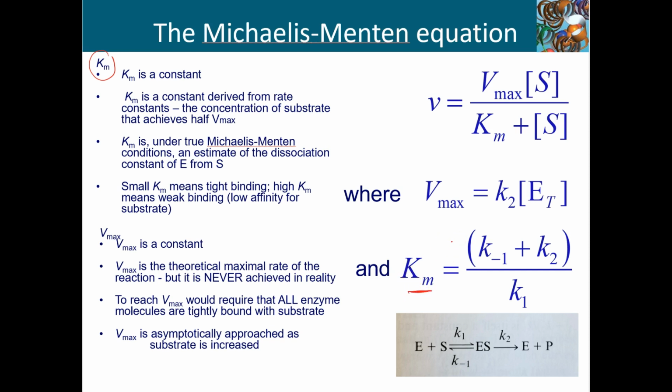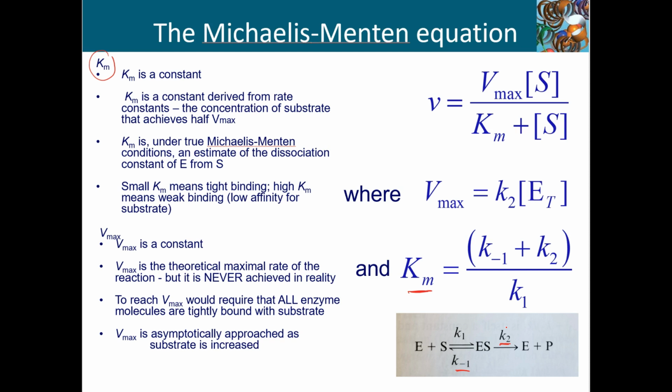Km is equivalent to the sum of K minus 1 plus K2, over K1. Well, let's look at what that means based on what we just looked at below. K minus 1 and K2 are the two possible fates from the enzyme substrate complex.